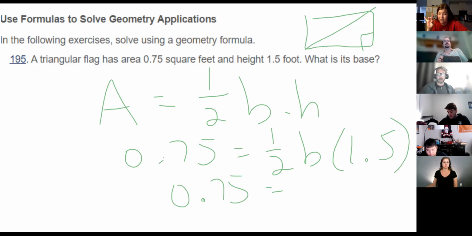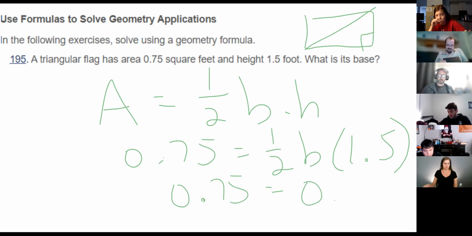What are y'all doing next? How are we finding base? If you have $1.50 and you have to pay half of that, how much are you paying? Was that 6 quarters? 75 cents.